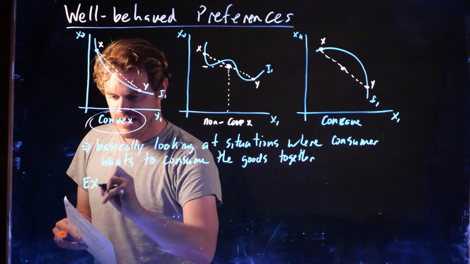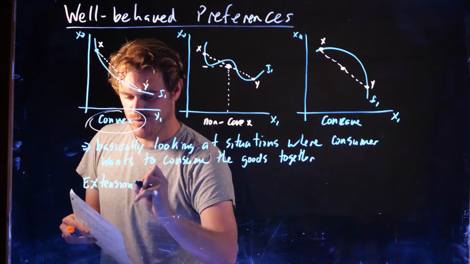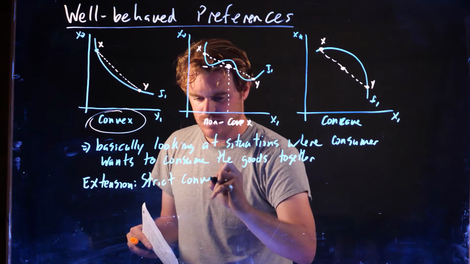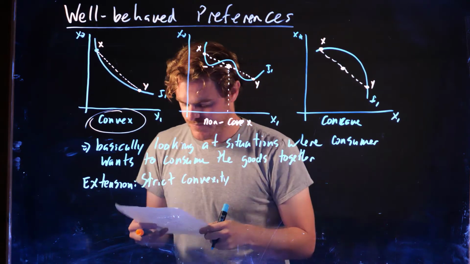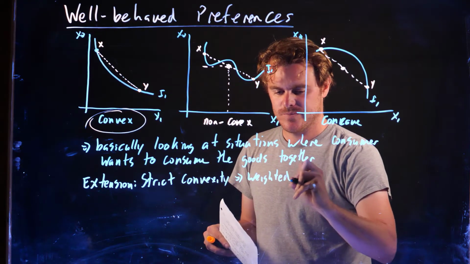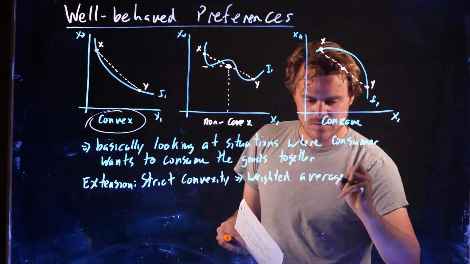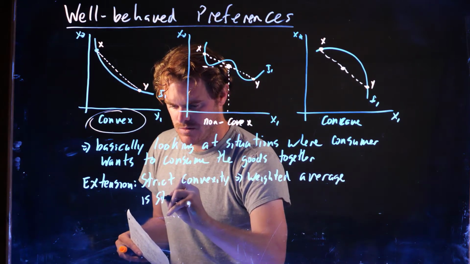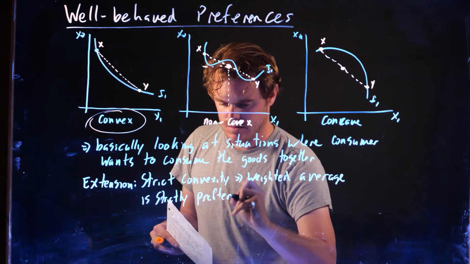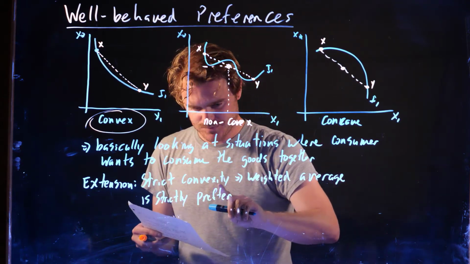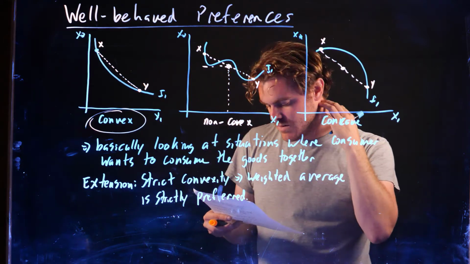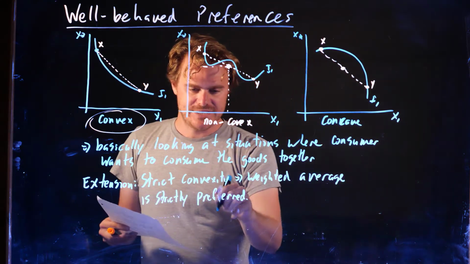So an extension to this would be strict convexity. And this is where the weighted average is strictly preferred.